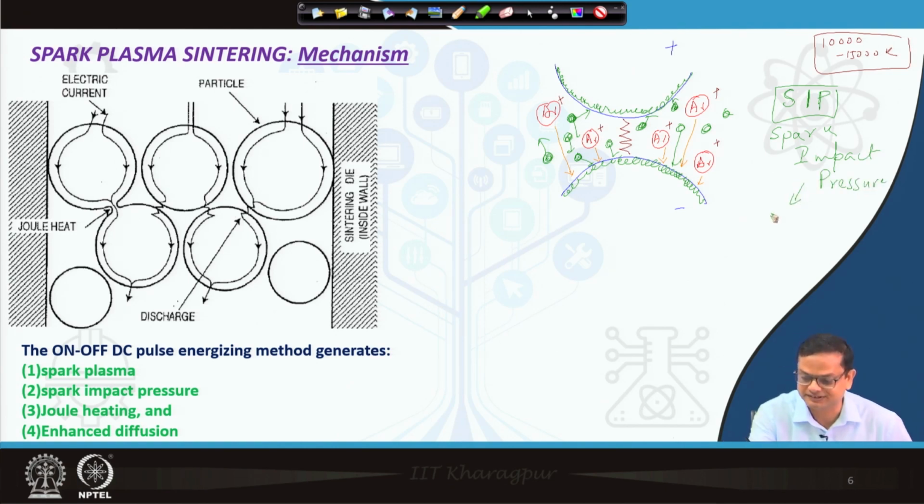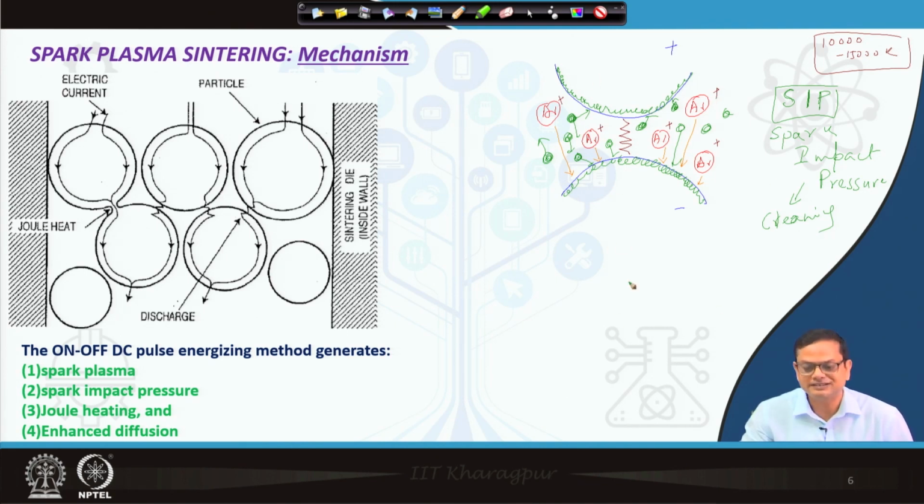Surface cleaning takes place, the surface gets cleaned. Okay. So, the surface becomes free of any contamination, free of any oxides, which could lead to restriction of the sintering, or restriction to the diffusion during sintering.